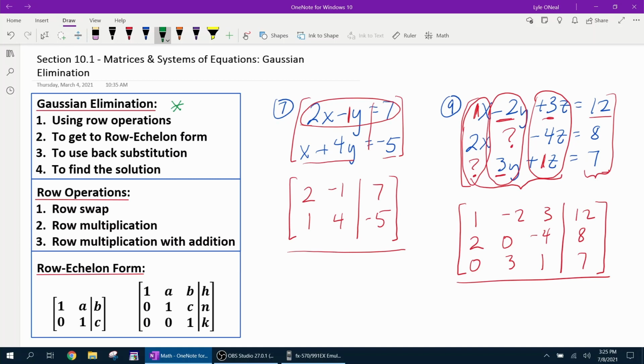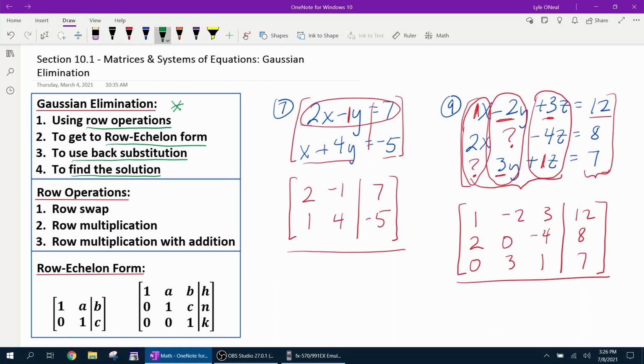So with this section, we're going to add another weapon to our arsenal, and that's Gaussian elimination. Now that process involves using row operations to get to row echelon form so we can use back substitution to find the solution.